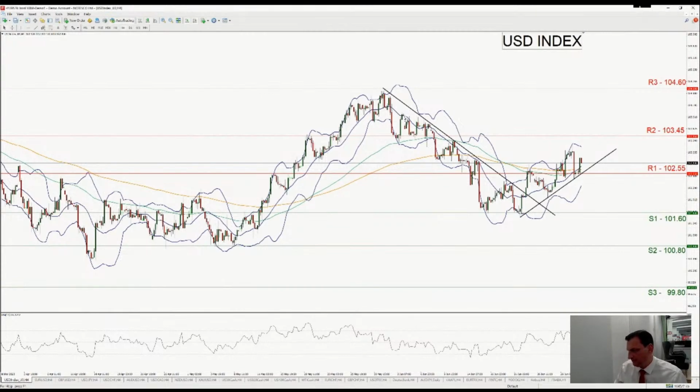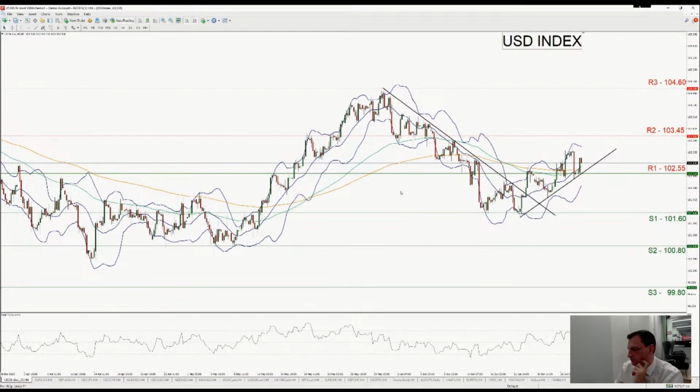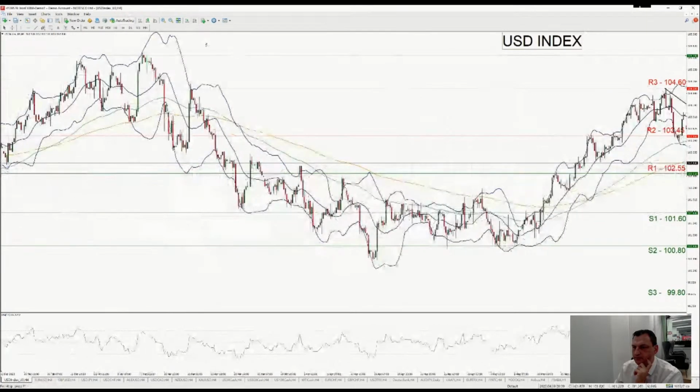For the time being, definitely we have to switch the 102.55 resistance line to a support line, given that the price action has moved above it. Let's go hunting for a new ultimate resistance line.